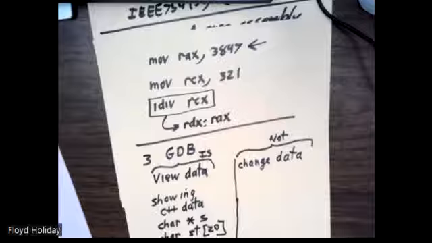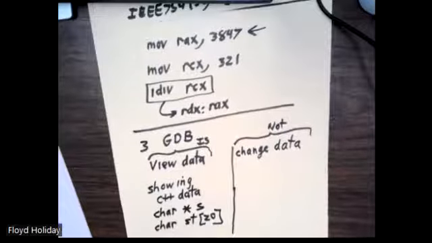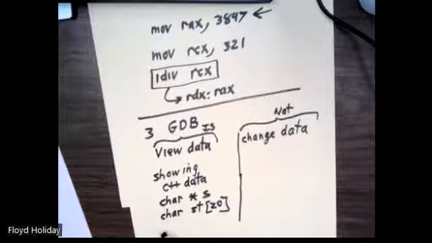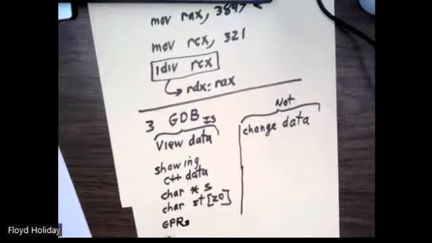So the show data commands you should focus on are the whole gamut about showing the contents of all kinds of data. And that includes GPRs, and it includes their group name, which is called SSE.